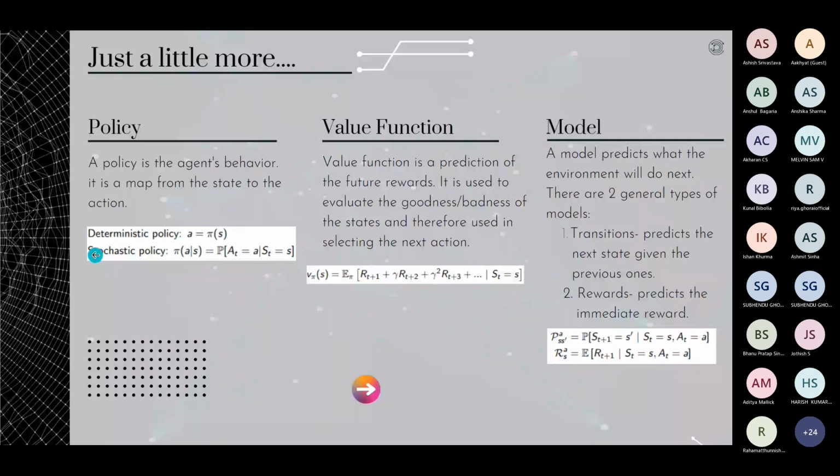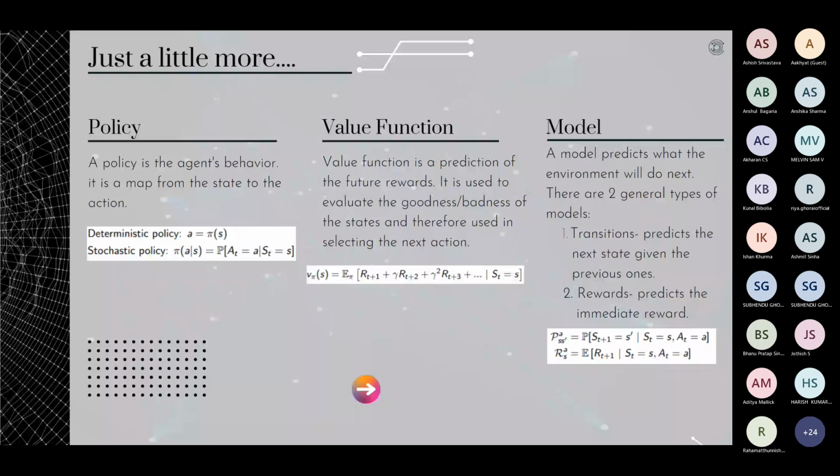Now, next up is a stochastic policy. Say your agent has an infinite amount of actions from which it can pick a particular action. So a stochastic policy is basically a policy which has a probability for each action that your agent can take when it is in a particular state.